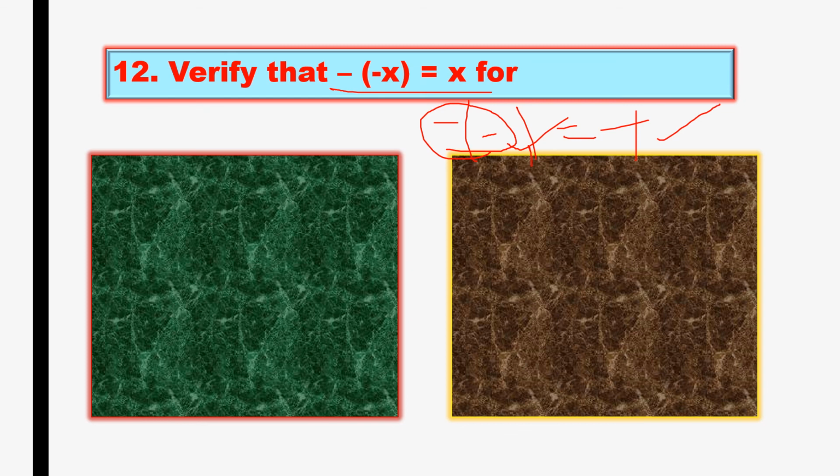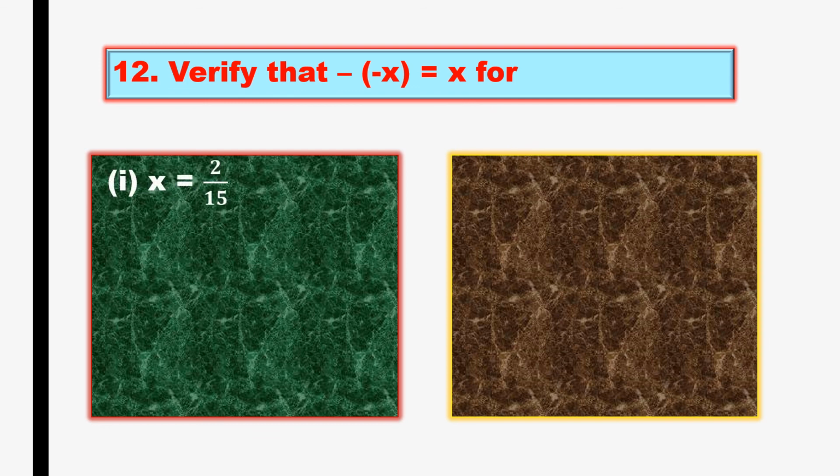Let us go to the first question. x equals 2 by 15. Instead of x you put 2 by 15 in the given equation. So minus into minus will be plus. So the next step will be x equals 2 by 15. So you got x equals 2 by 15, whatever question he gave, so it is verified.